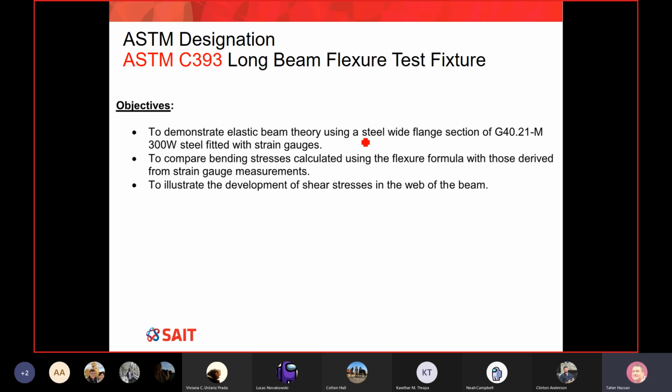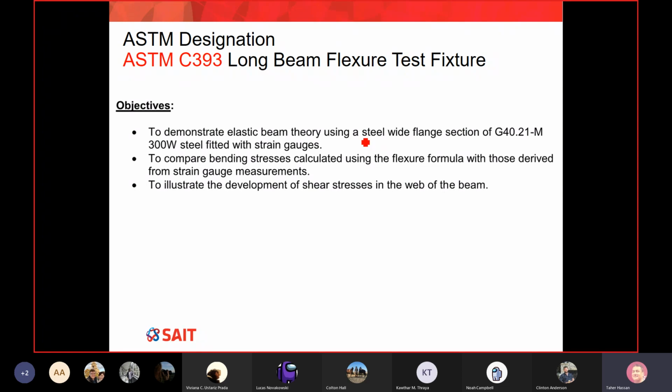Number one, there is something called elastic beam theory, and this theory tries to explain what happens to our beam when we apply bending. So really, one of the objectives of this test is to demonstrate for you how the beam would behave under bending moment.